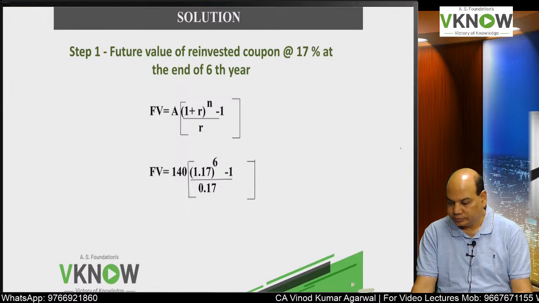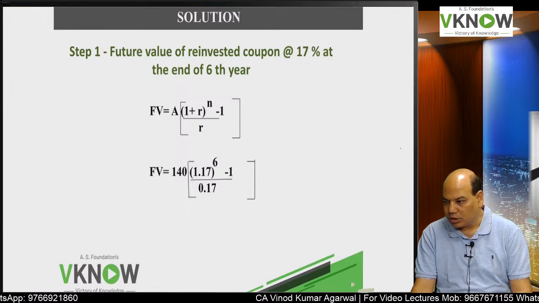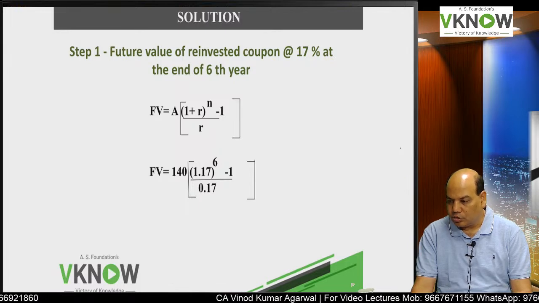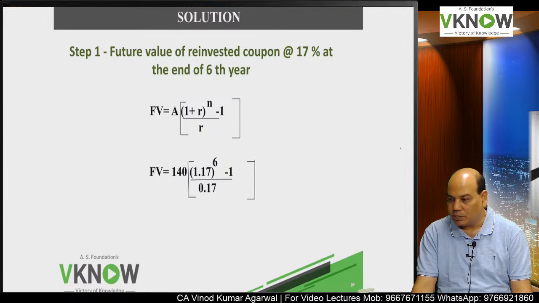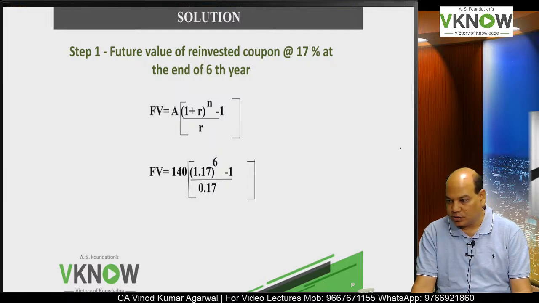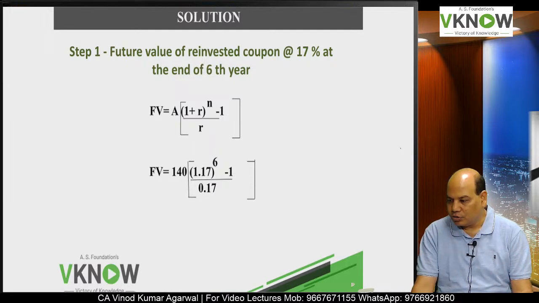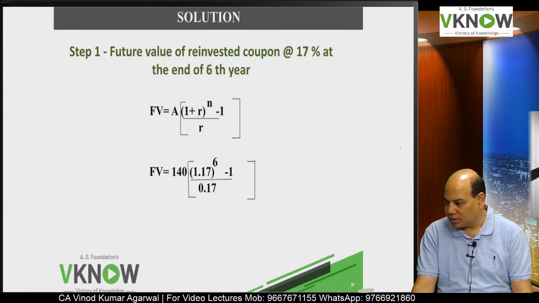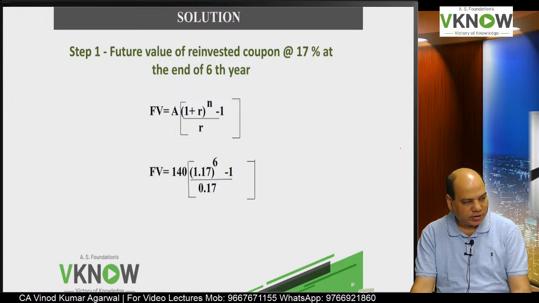Write down the formula again. Future value equals A into (1 plus R to the power n minus 1) upon R, and then you put the values. Annuity is 140 rupees. 140 into (1.17 to the power 6 minus 1) upon 0.17. Please solve this one.